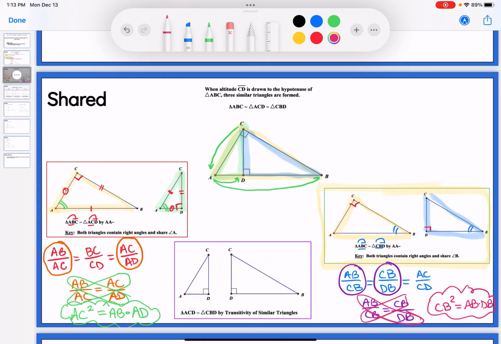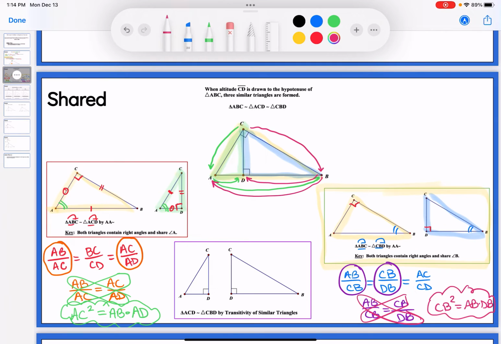So if I look back at my original picture here, CB squared, that's this segment. So that segment squared equals AB, the whole thing again, just like last time, times BD, which is just this first part. Do you see something similar, right? When I went down the left side, squared was the whole hypotenuse times the left part. And now I went down the right side, and the right side squared equals the whole hypotenuse times the right part.